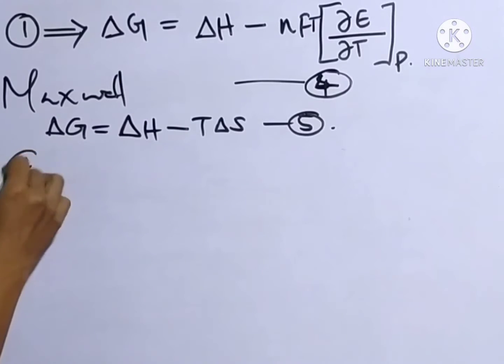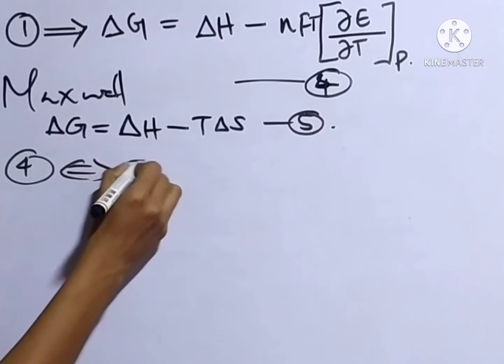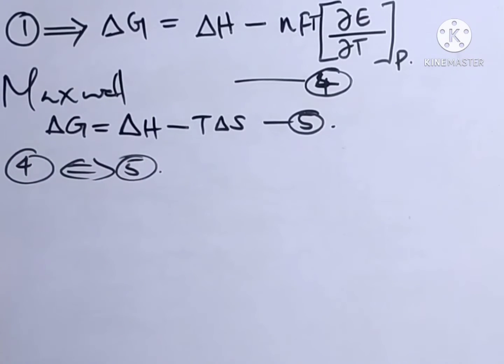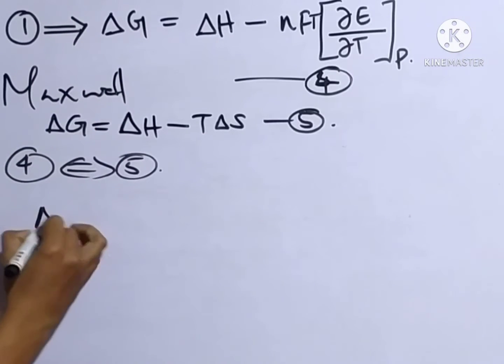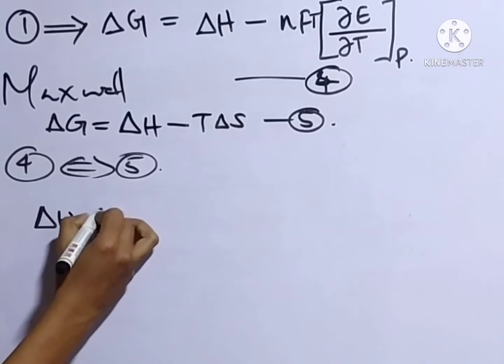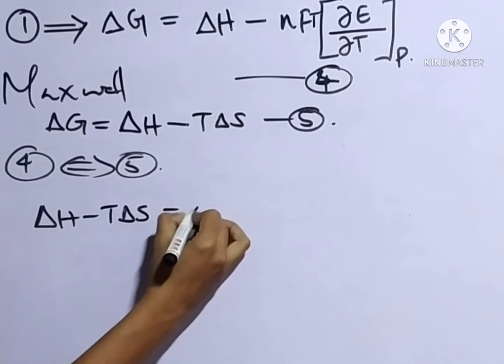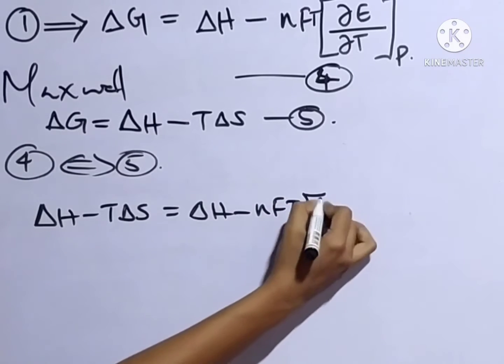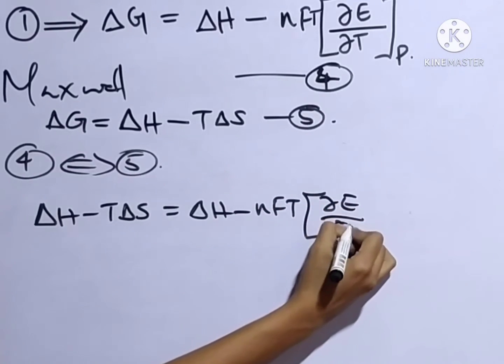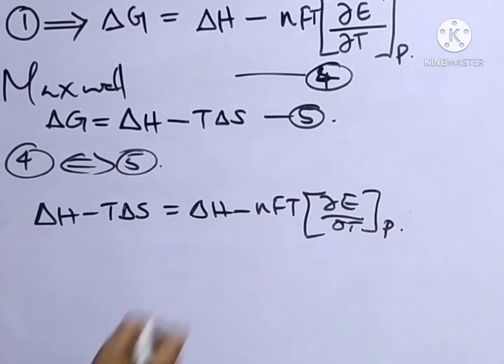If we compare 4 and 5, the LHS terms are the same. So we can write delta H minus T delta S equals delta H minus NFT dou E divided by dou T at constant pressure.